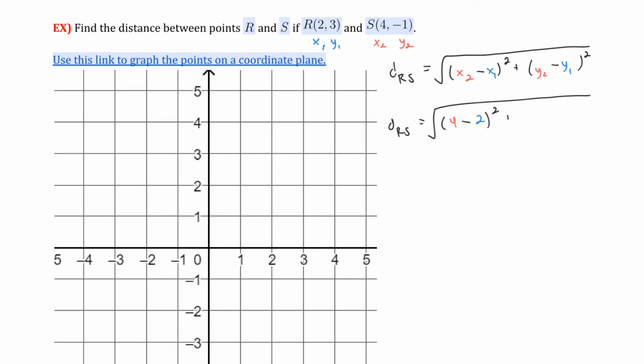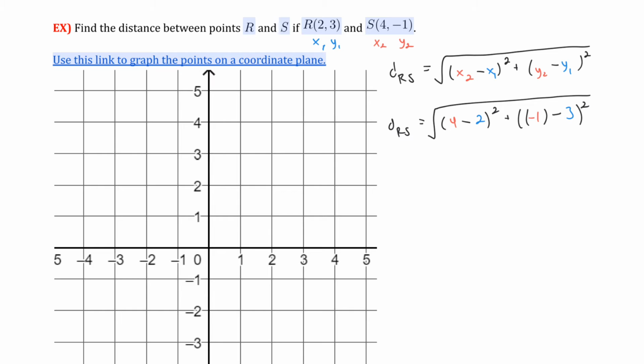All of that gets squared plus y2. Now, y2 is a -1. So when I substitute that in, I want to make sure that I use parentheses. So there we go, -1 minus y1, which is a +3. And this, of course, gets squared as well.